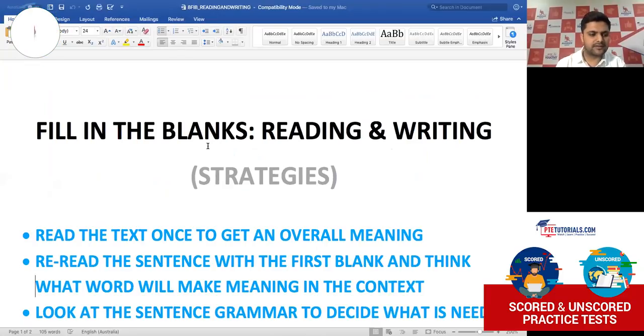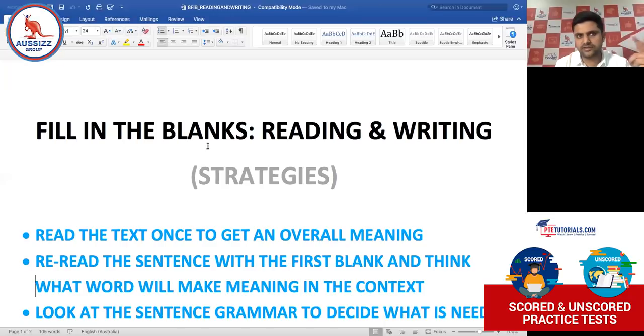In drag and drop, a lot of things come to your aid. The text in drag and drop is shorter compared to this one. It is comparatively easier, and there are a lot of collocations.